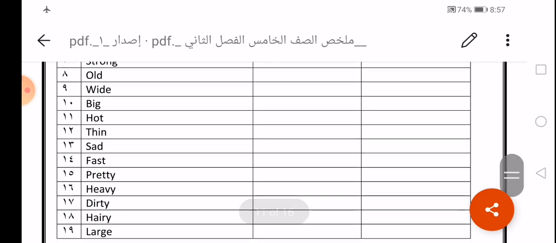Number 14, fast. Try to write these adjectives between two and for three things or people, to practice the spelling of making a comparative or superlative using an adjective.